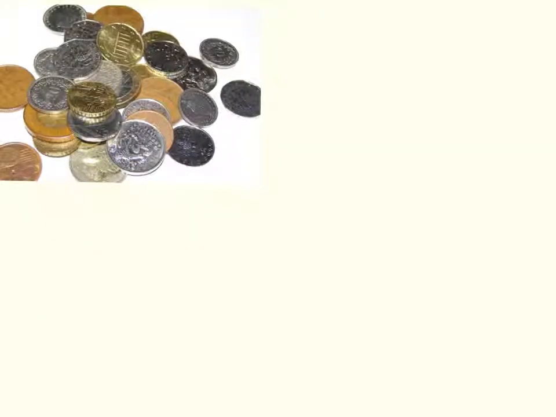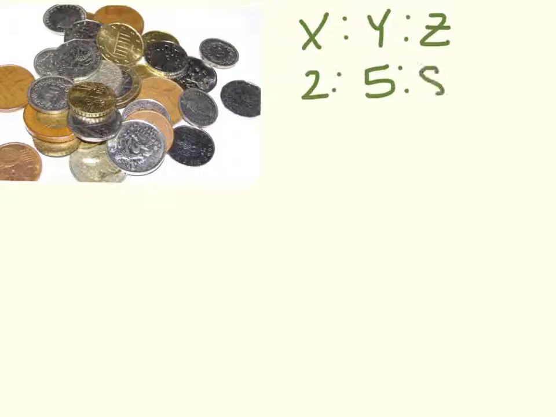Here's our final problem for today. The number of coins collected by Xavier, Johann, and Zachary is in the ratio of 2 to 5 to 8. Johann collected 85 coins.